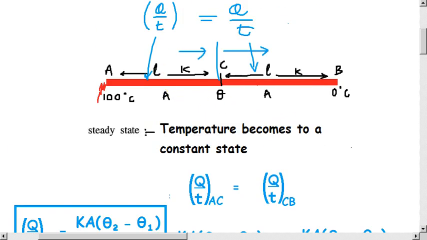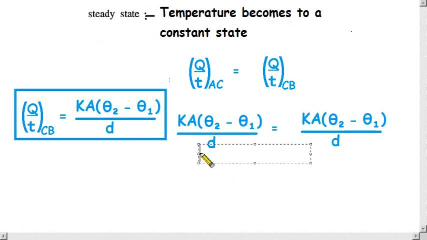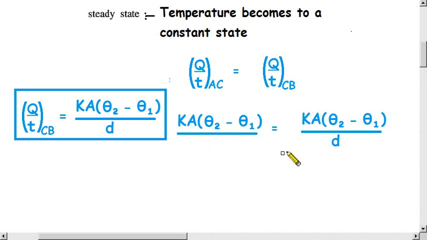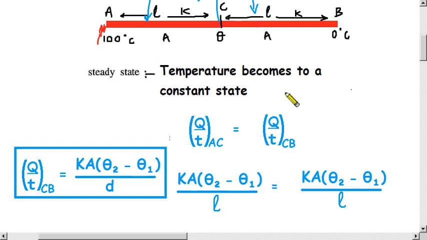Instead of D we have to write L, because in the equation it is denoted by D, but here in the diagram we have written L. So L.